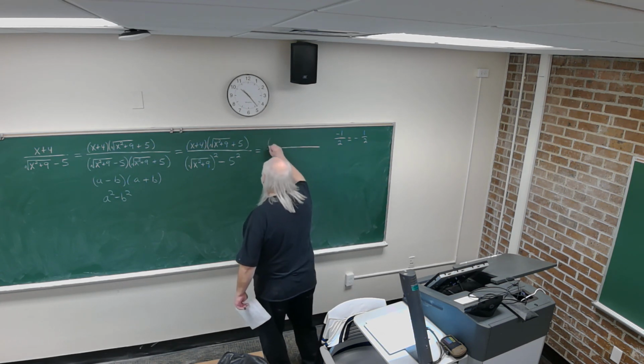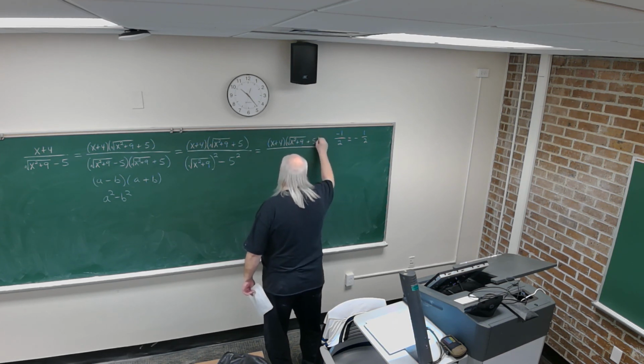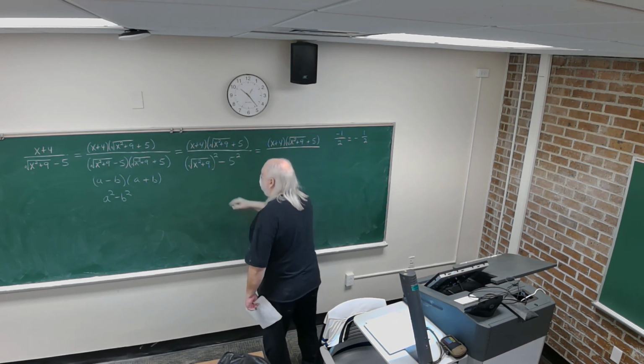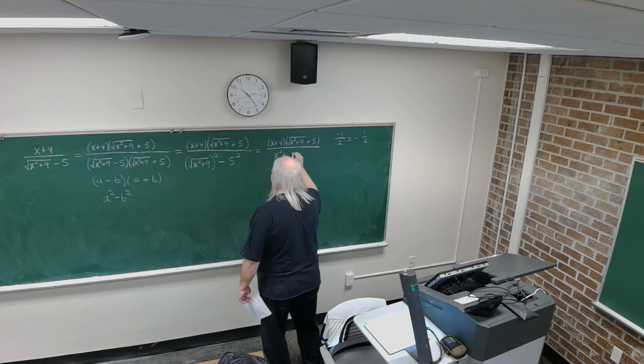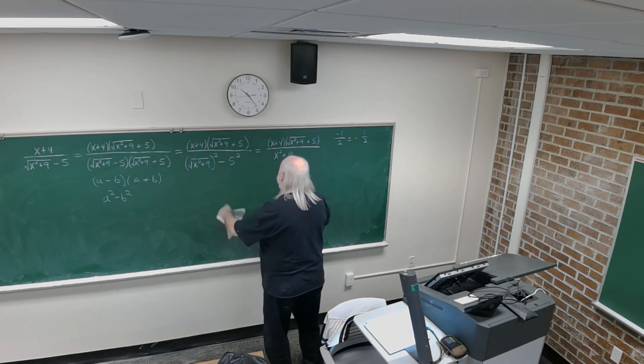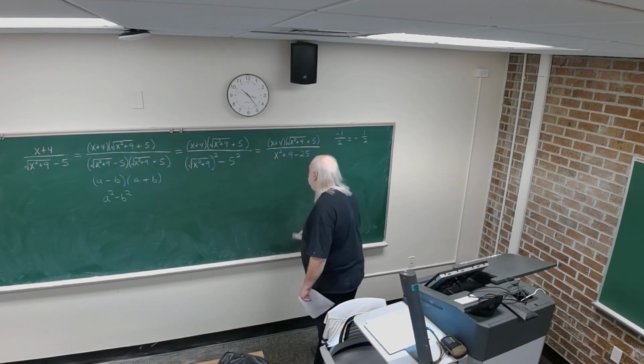The numerator stays the same: x plus 4 times the square root of x squared plus 9 plus 5. Squaring undoes the square root, and we're left with x squared plus 9, and then minus 5 squared, which is 25.